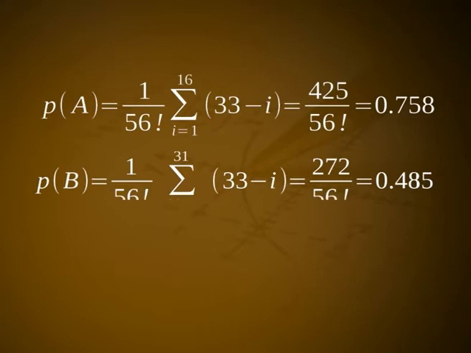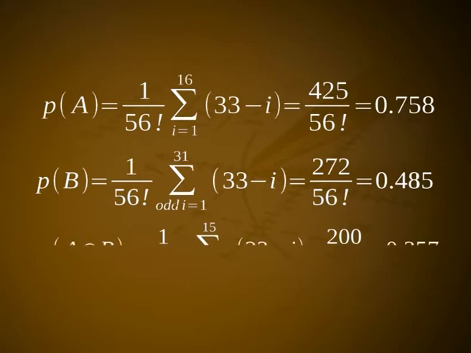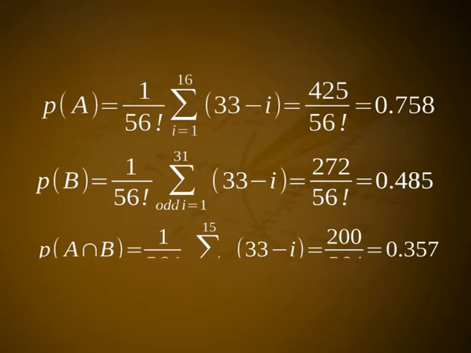P of B equals 1 by 56 factorial summation odd i ranging from 1 to 31, 33 minus i equals 272 by 56 factorial equals 0.485. P of A intersection B equals 1 by 56 factorial summation odd i ranging from 1 to 15, 33 minus i equals 200 by 56 factorial equals 0.357.